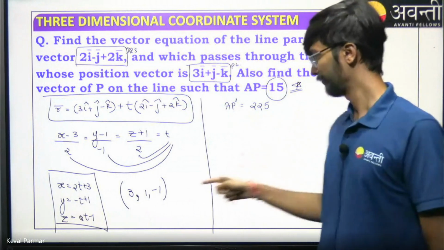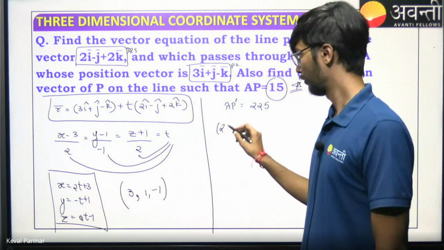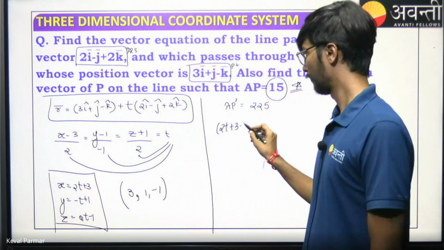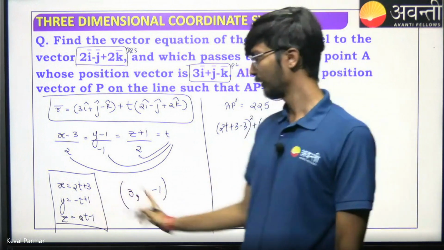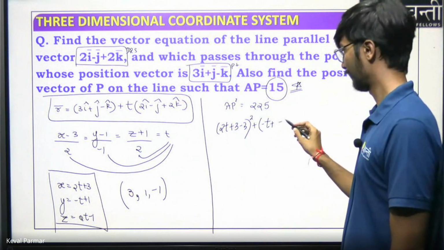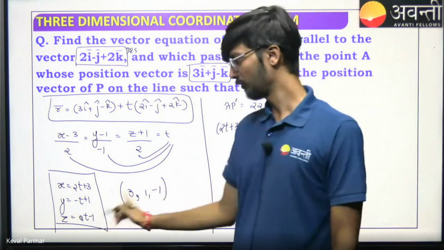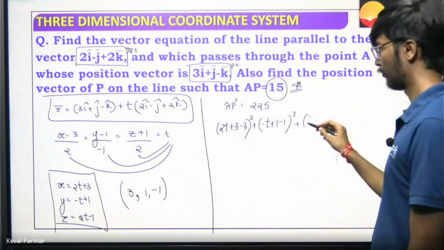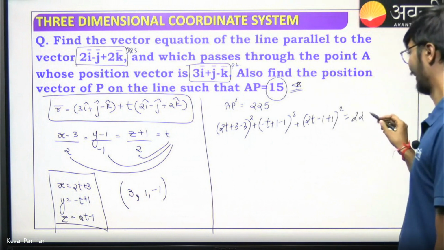AP square is x2 minus x1, the whole square. So I get 2t plus 3 minus 3, the whole square, plus y2 minus y1, the whole square, minus t plus 1 minus 1, the whole square, plus z2 minus z1, the whole square. That means 2t minus 1 plus 1, the whole square, is equal to 225.